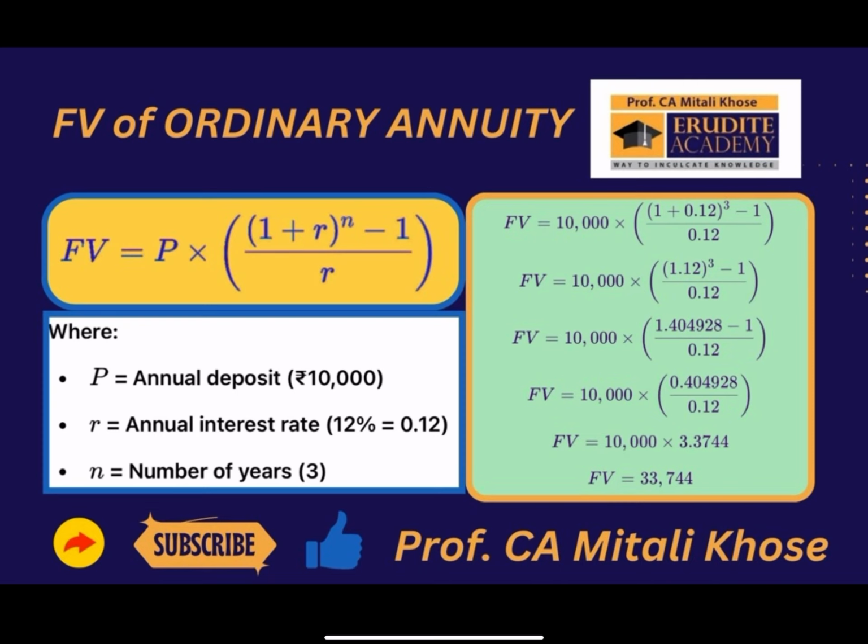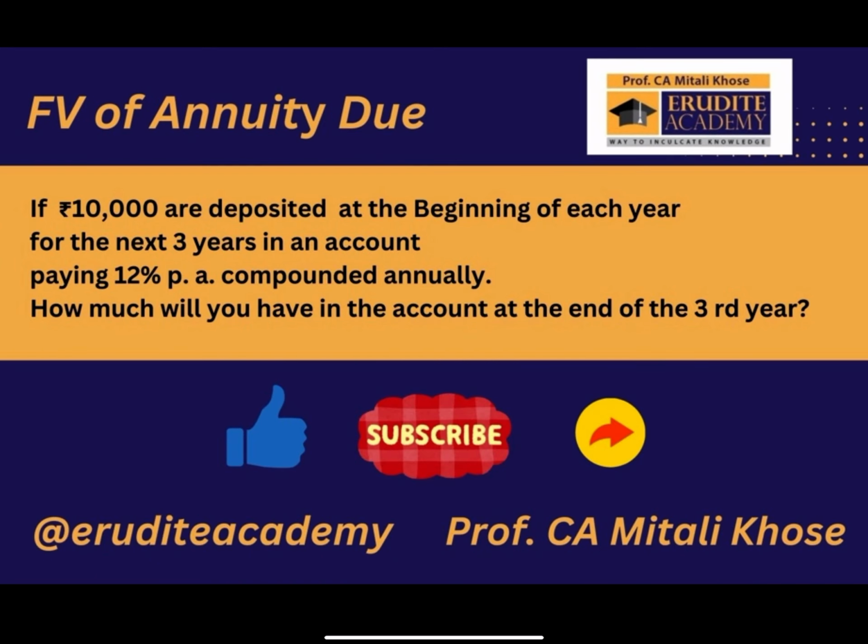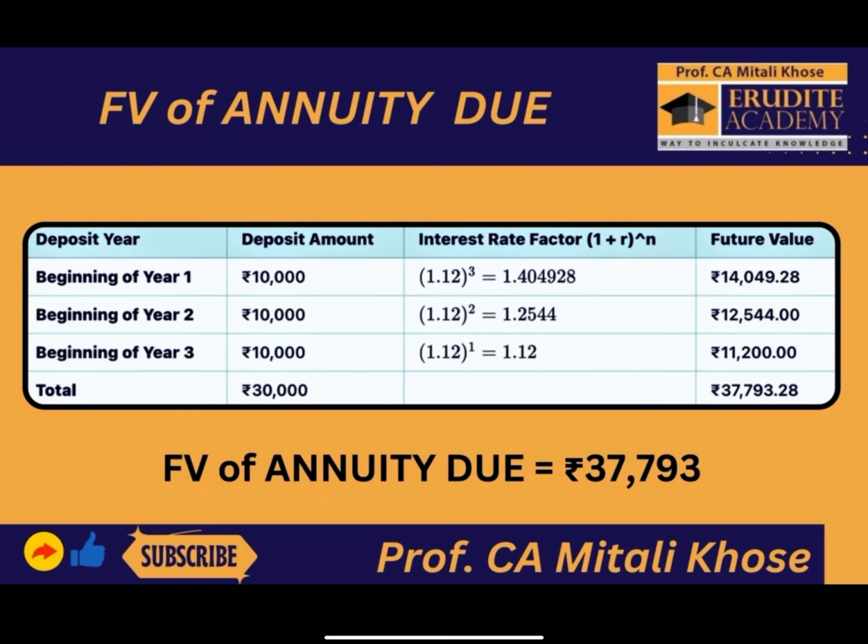Using same data, we can also calculate annuity due. The only difference will be that now deposits will be made at the beginning of each year. So, at the beginning of first year, we will deposit rupees 10,000, on which we will get interest for next 3 years. Likewise, for the deposits that are made at the beginning of second year, interest will be received for next 2 years.